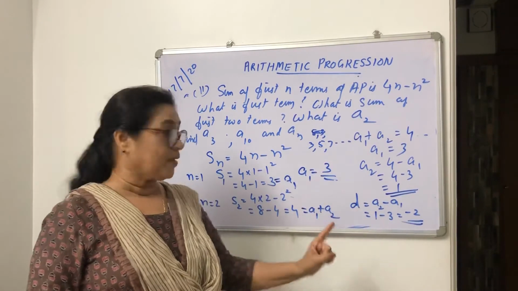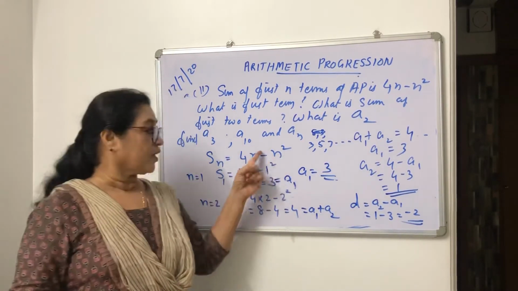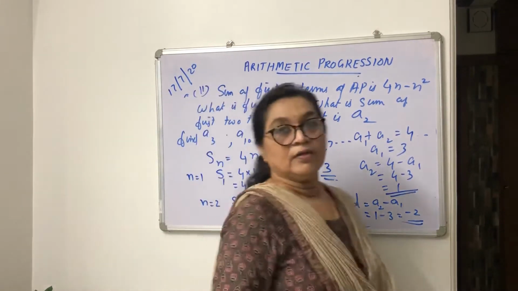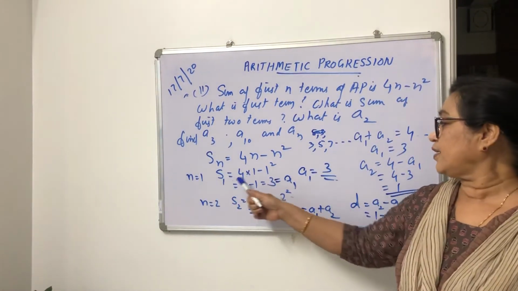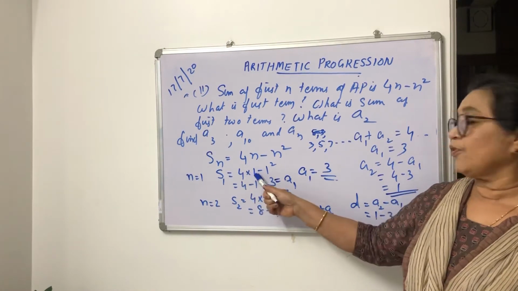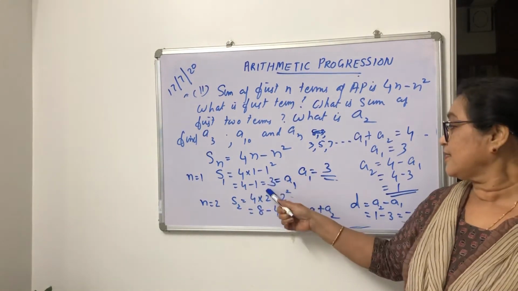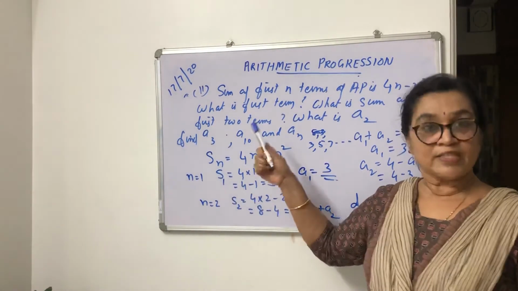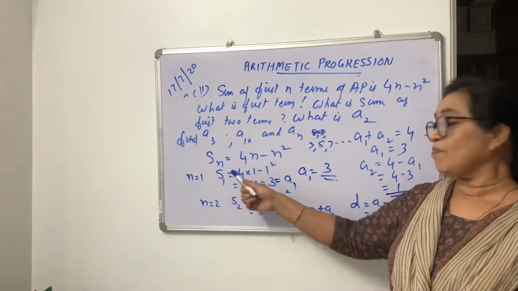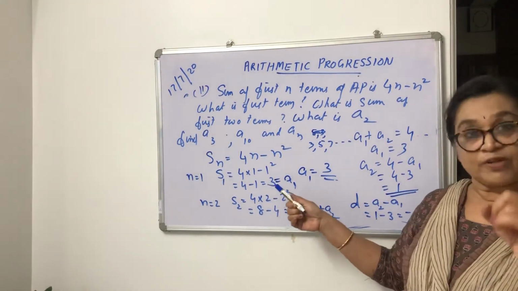Once again I explain. Sn is 4n minus n squared, that is given. I take n is equal to 1. Then S1 is equal to 4 into 1 minus 1 squared, is 4 minus 1 is 3. S1 is sum of one term. Sum of one term is A1, first term.